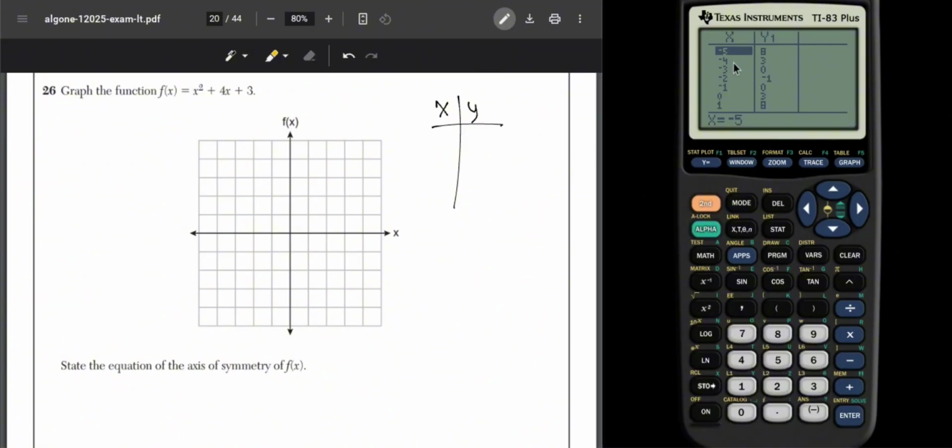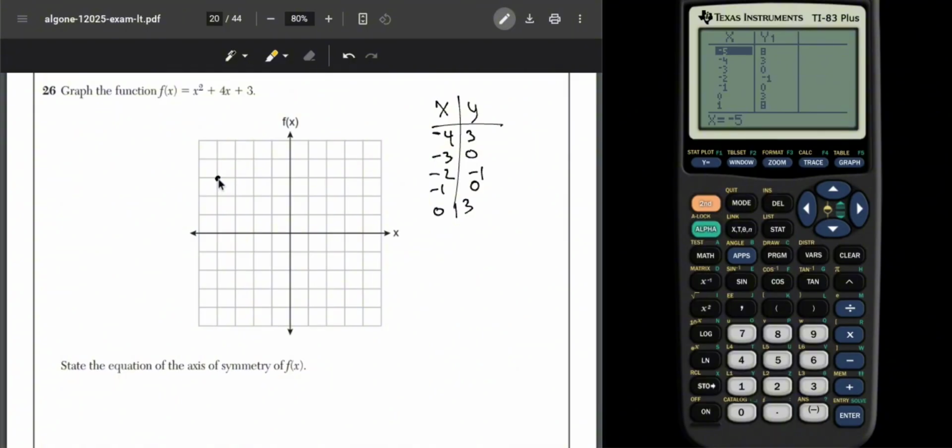So I'm going to draw a little table, x, y. I can't graph negative 5, 8 because my graph doesn't go that far. So I'm going to start graphing negative 4, 3; negative 3, 0; negative 2, negative 1; negative 1, 0; and 0, 3.